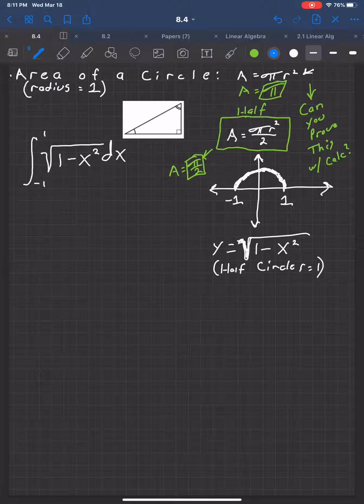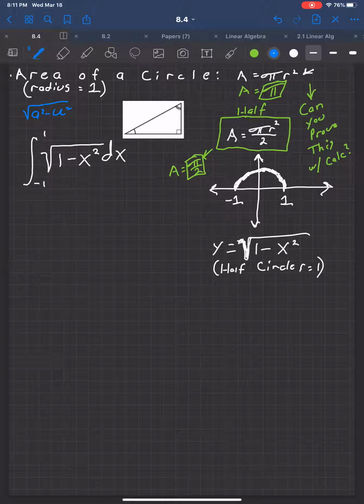So I think you can automatically, right now, tell that that looks like it takes on the form of the square root of a squared minus u squared. This is a sine theta problem. So let's go ahead and label our triangle.